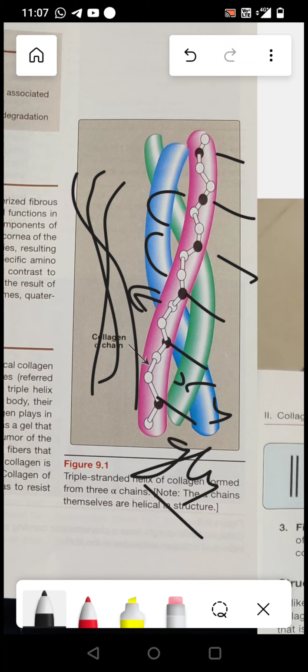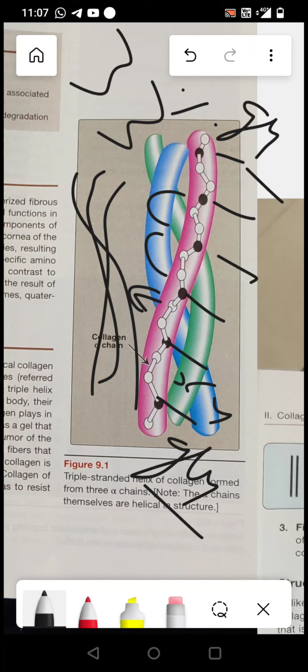In this place could be some other X and Y. Like that you can have different X and Y, but glycine is present between every X and Y, which makes glycine 33% by weight of the collagen. So glycine is present in 33%. Correct? Simple?